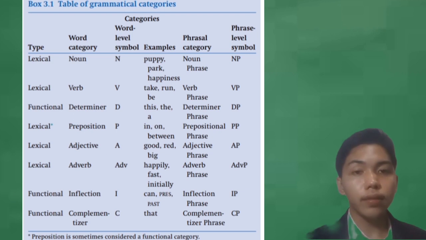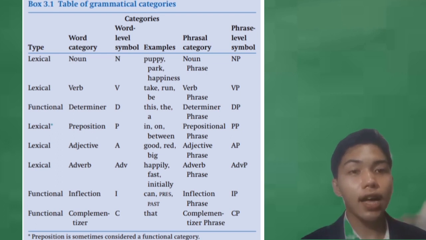Lexical, verb, V, take, run, be, verb phrase, and VP. The third one is functional, determiner, D, the, this, a, determiner phrase, and DP.